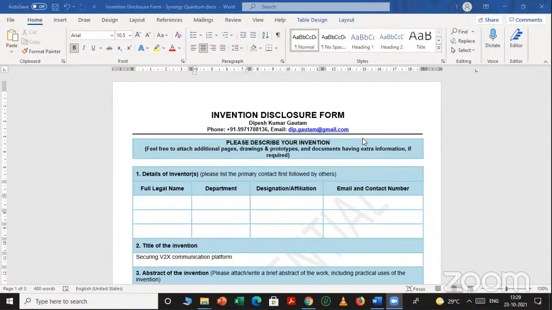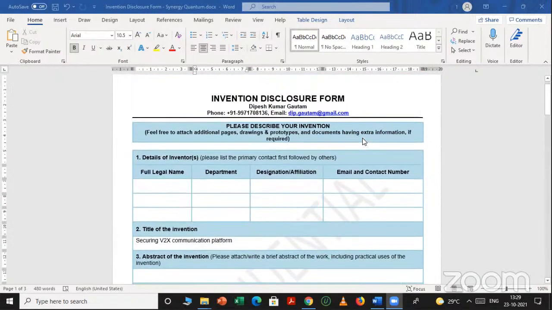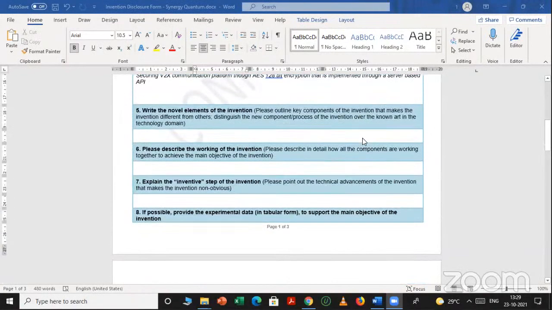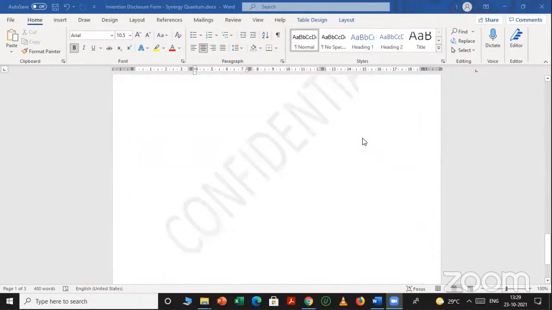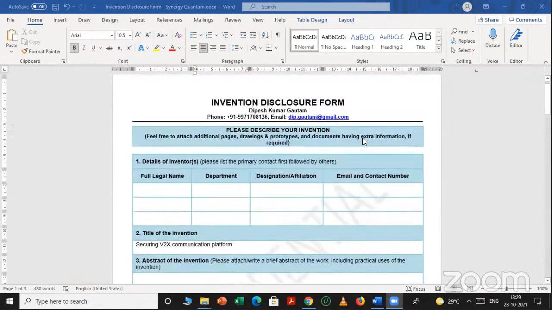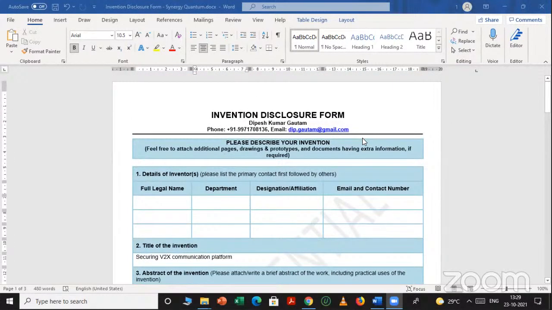So Invention Disclosure Form is basically nothing but a 4 or 5 pager document that describes the invention of an inventor, or the research material of a researcher or a professor or a student, in alignment with the legal requirement of the patent office of any country.